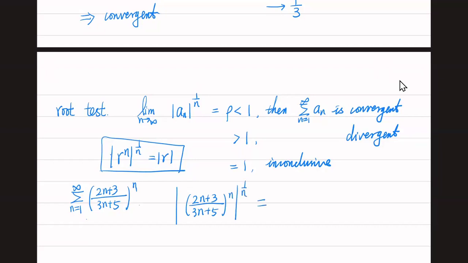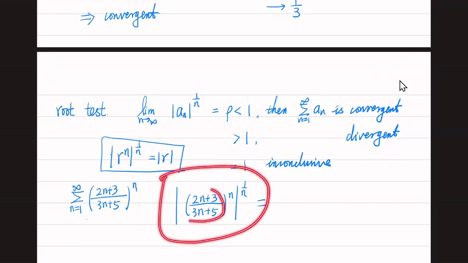Can you simplify this nth root? Something to the nth power, absolute value, then the nth root.